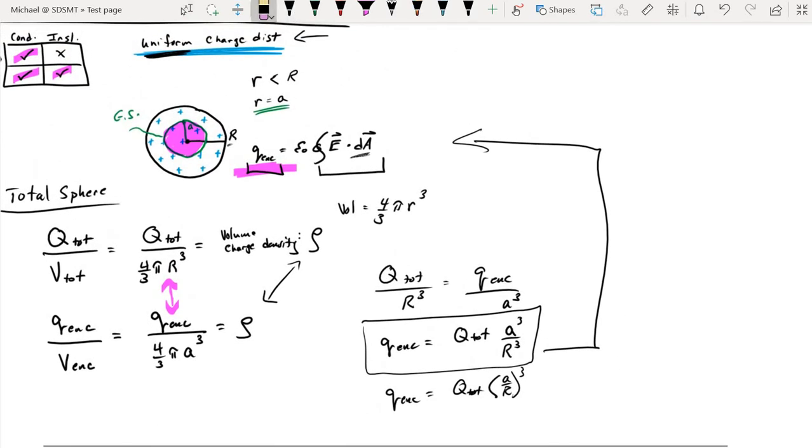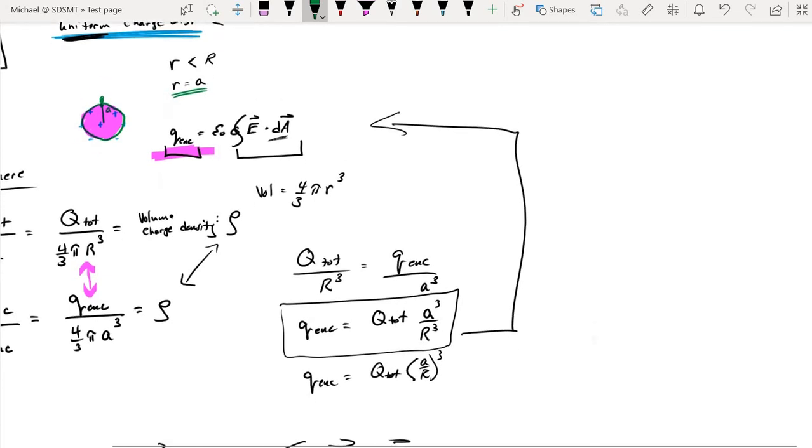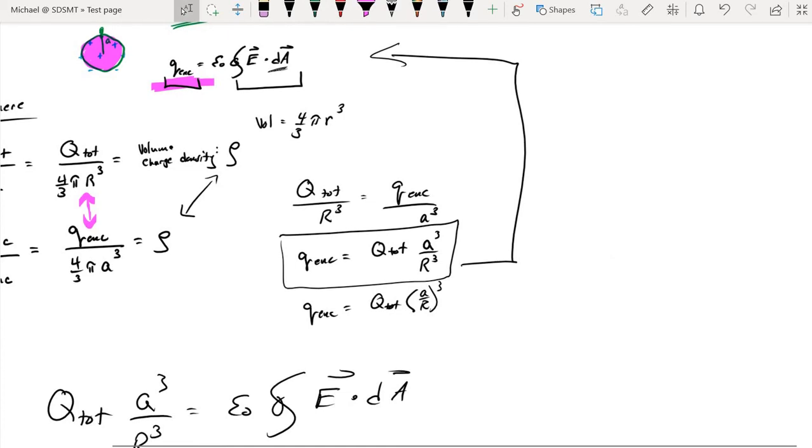And now is where we're going to make that assumption that anything that is not inside our container is not going to contribute. And so we basically just have a charged sphere, and now we're trying to measure the field at the surface of that charged sphere of radius A. We've already done this problem before.